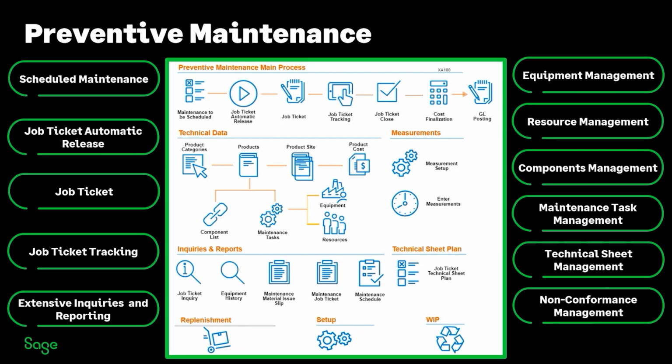Then the product cost is initially something you would put in, for example, on the components to say, for you to undertake this job, this is the cost that I'm putting onto there.